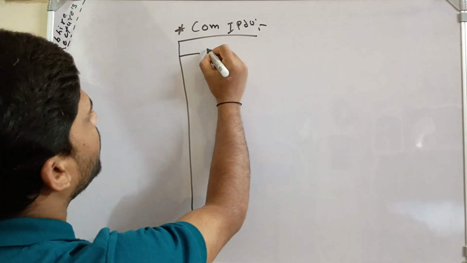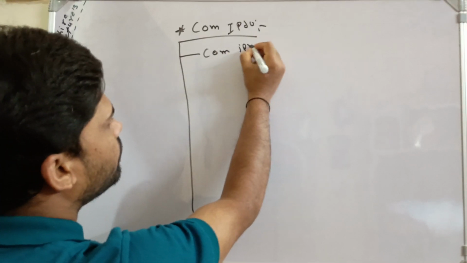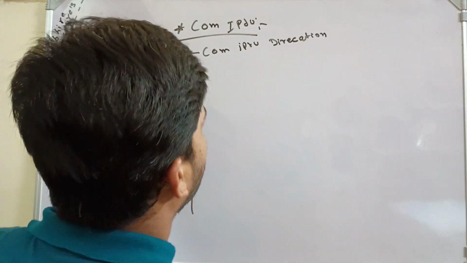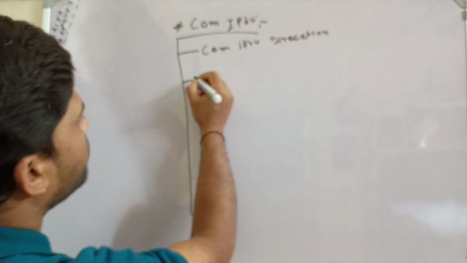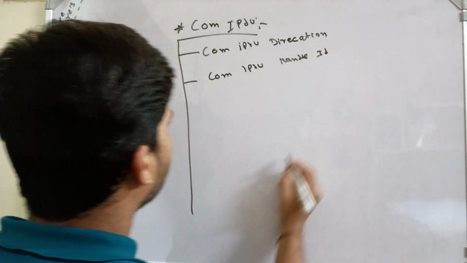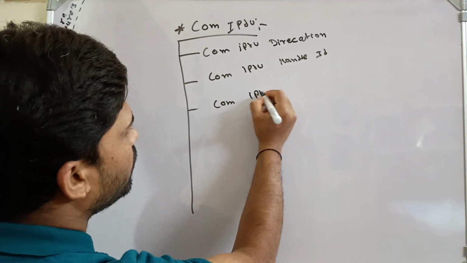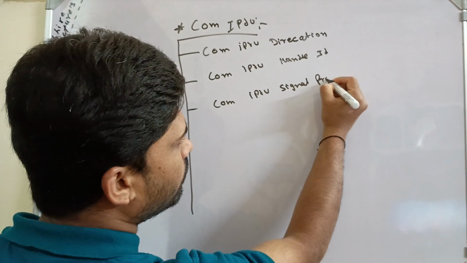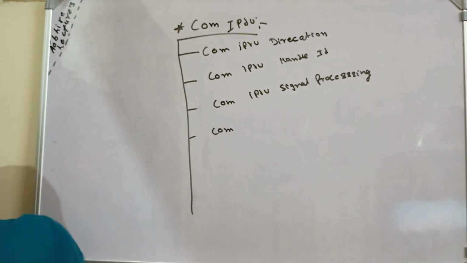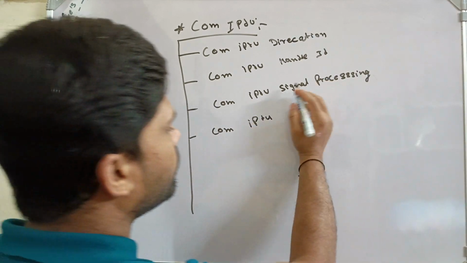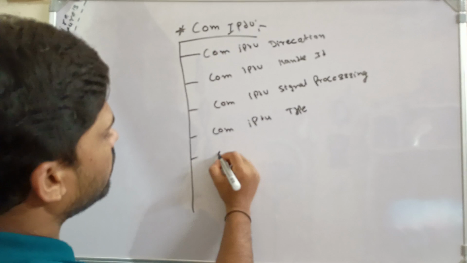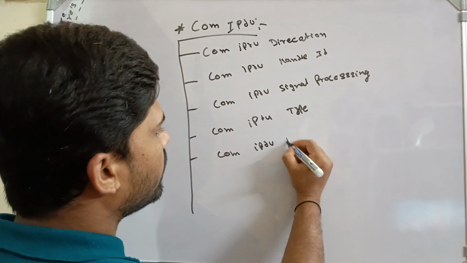Okay, so first of all we have to configure COM IPDU direction, COM IPDU handle ID, COM IPDU signal processing, COM IPDU type, then COM IPDU reference we have to give.